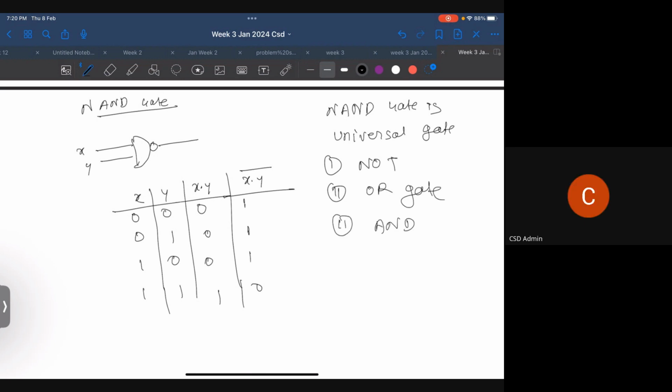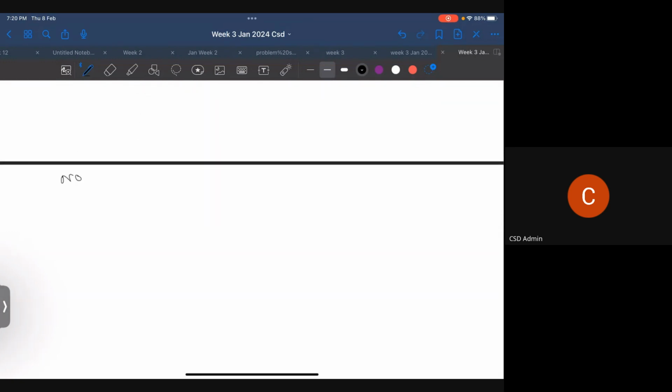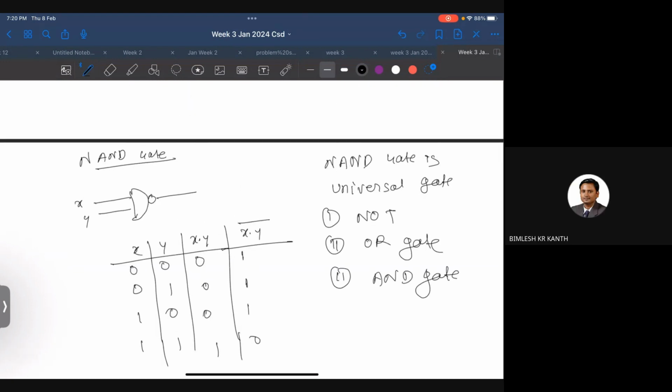For a universal gate, if we are able to derive these three gates, NOT, OR and AND, then that is a universal gate, because these are the basic gates. If you derive all three gates, you can derive any circuit with the help of OR, NOT and AND gates. NOR gate is also a universal gate.